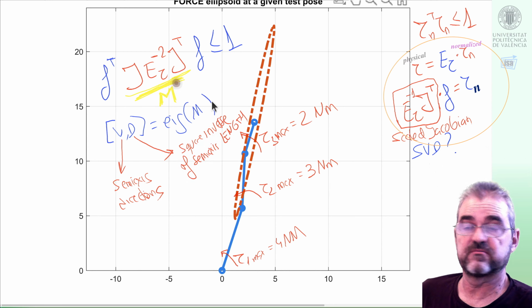So this is ellipsoid theory, independent of whatever developments led me to this M matrix.